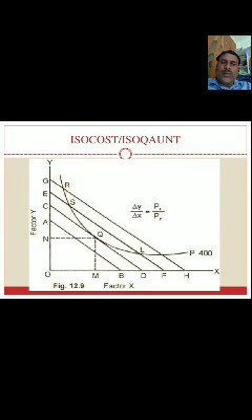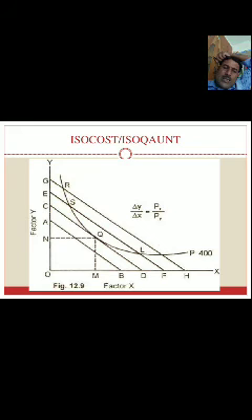Here at the point Q, the CD isocost line slope, price of labor by price of capital, is equal to the slope of the isoquant line, which is the marginal rate of technical substitution, MRTS of L for C. MRTS of L for C is equal to price of labor by price of capital at the point Q. That's why this is the equilibrium point.